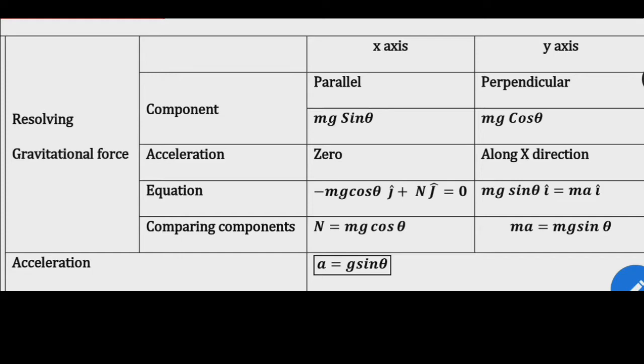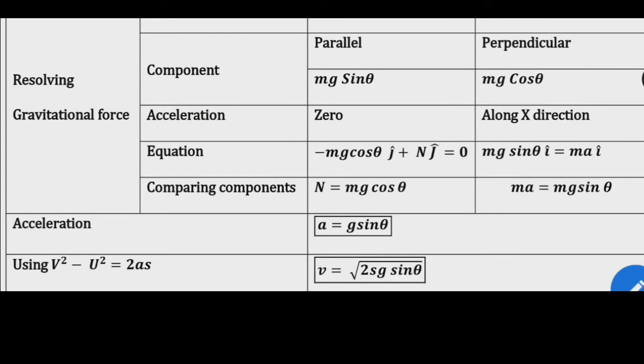By comparing the components on both sides, we can equate mg sin theta is equal to ma. The acceleration of the sliding object is a is equal to g sin theta. So, cancel m. Now we get acceleration a is equal to g sin theta.